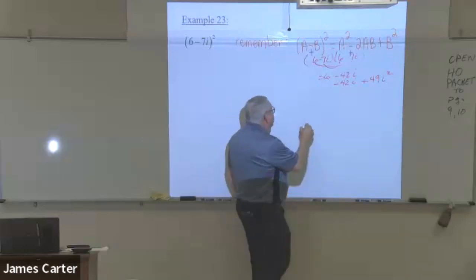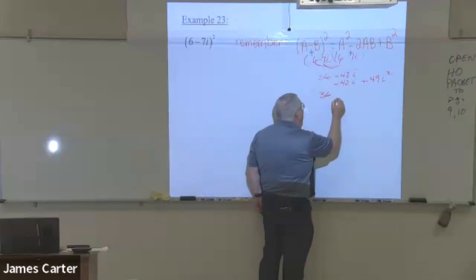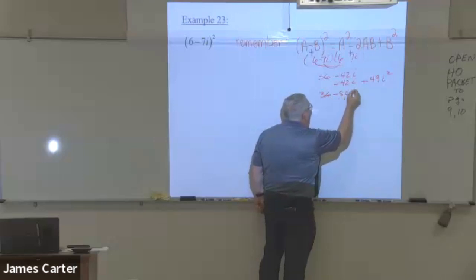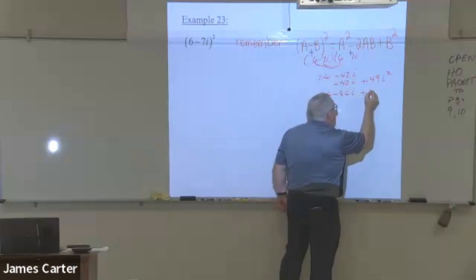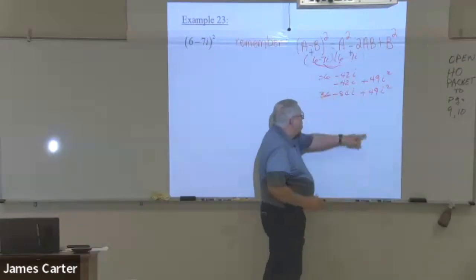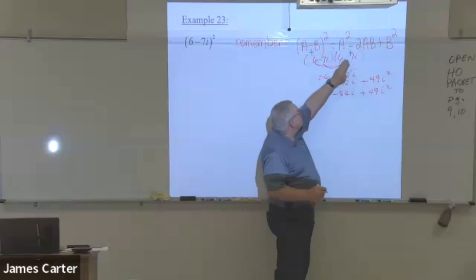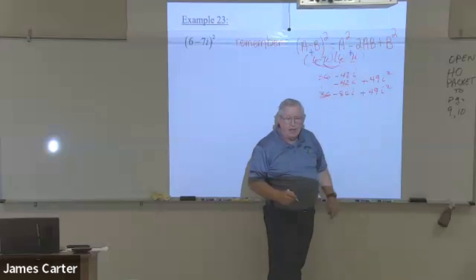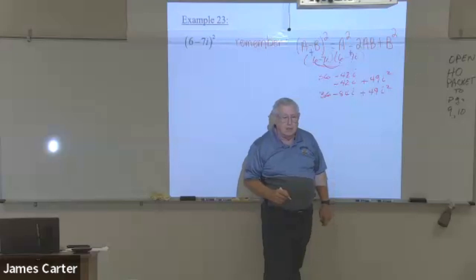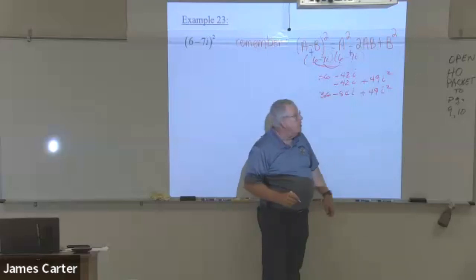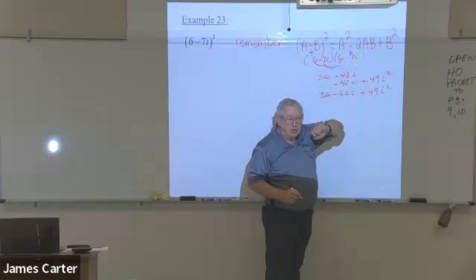Okay, if I add this together, 36 minus 84i plus 49i squared. Now, eventually I got to deal with this thing, but right now I'm just trying to show you how that shortcut works, and why that 2 is there.